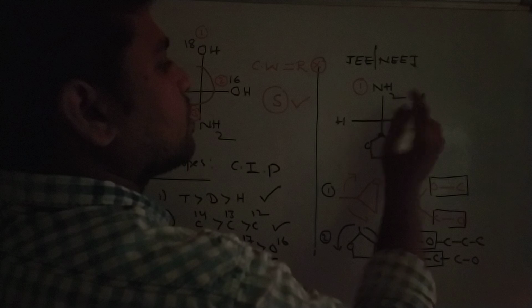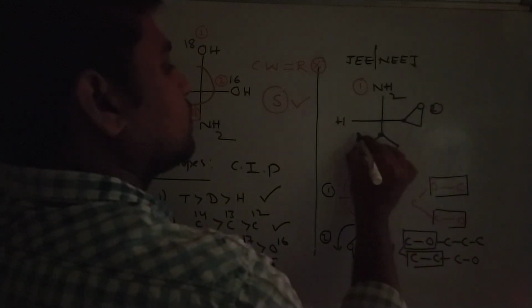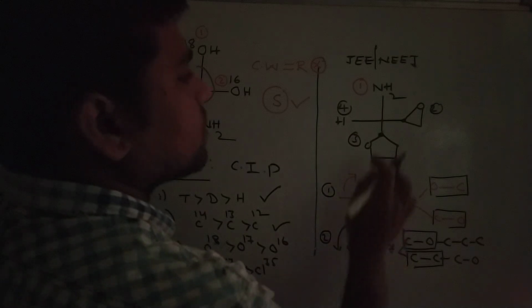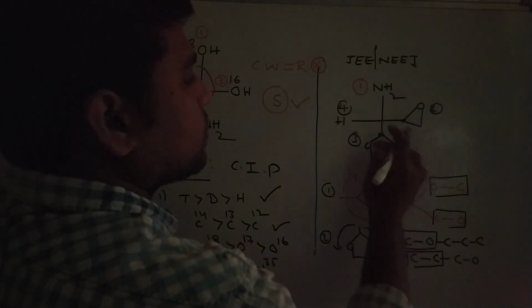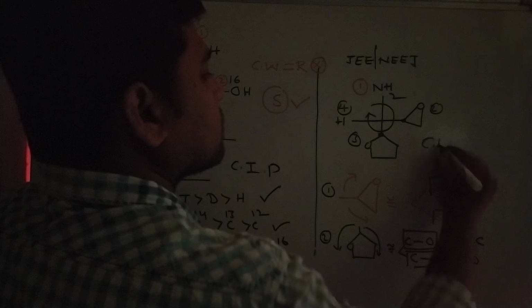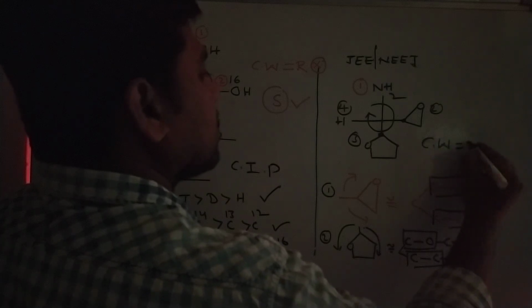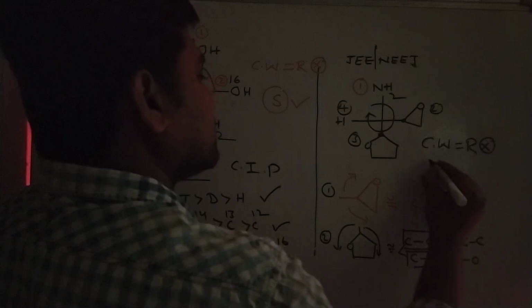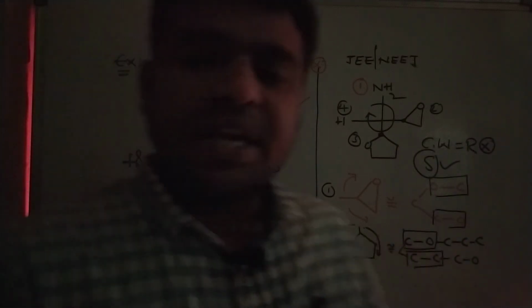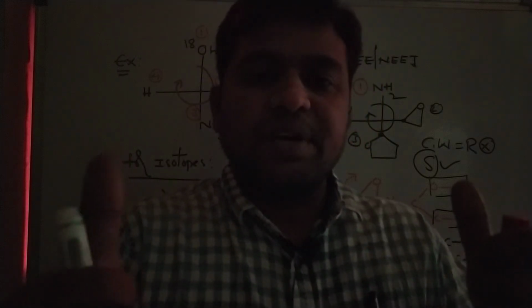So students, 1, 2, 3, this is fourth. Now rotation is 1, 2, 3, clockwise rotation. Clockwise rotation means the original answer is R, but after switching the answer is S. Okay students, so thank you very much, bye bye.